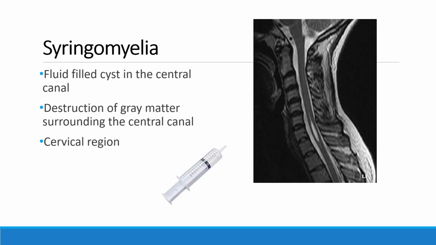Here's our picture of syringomyelia, the fluid-filled cyst in the central canal. There's destruction of the gray matter surrounding the central canal, so it expands out from the center, and that gray matter is what we see hurt first.